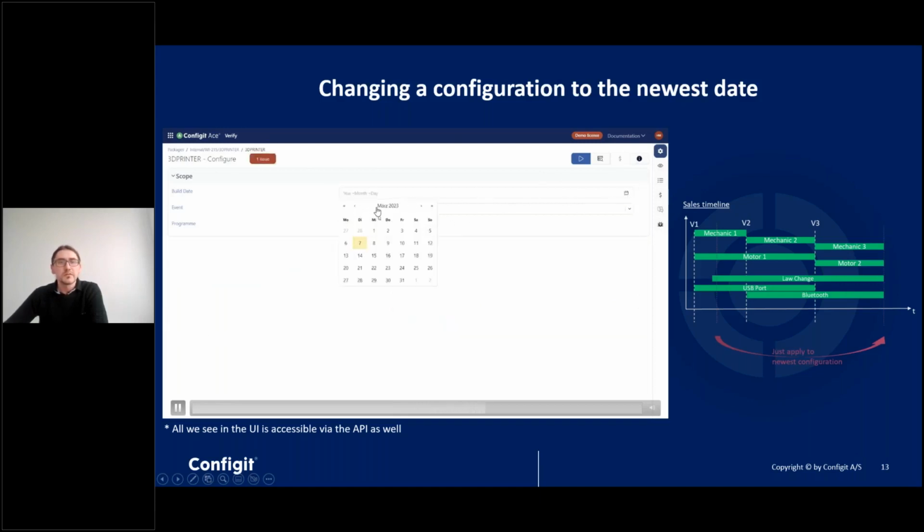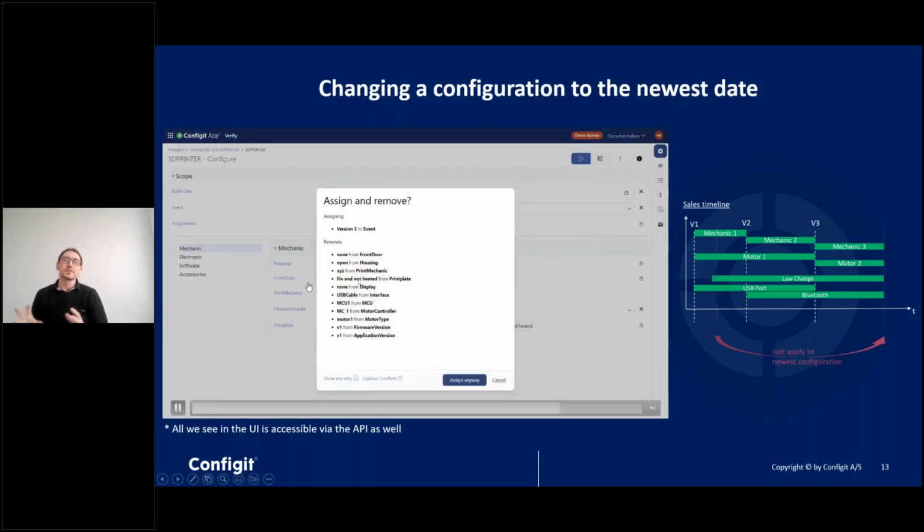We remove the old date, change it to yesterday's date, and move to version 3. What now happens is that the system tells us, okay, you have to change nearly everything in your product model to get to the newest version. And that's what I said is not what we were aiming for, because we wanted to keep a certain amount of our old product and just update it a little to the newest version.